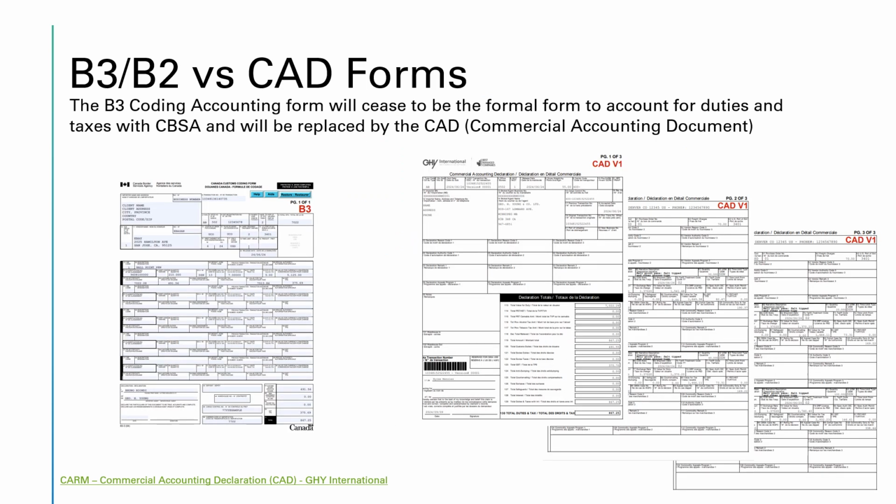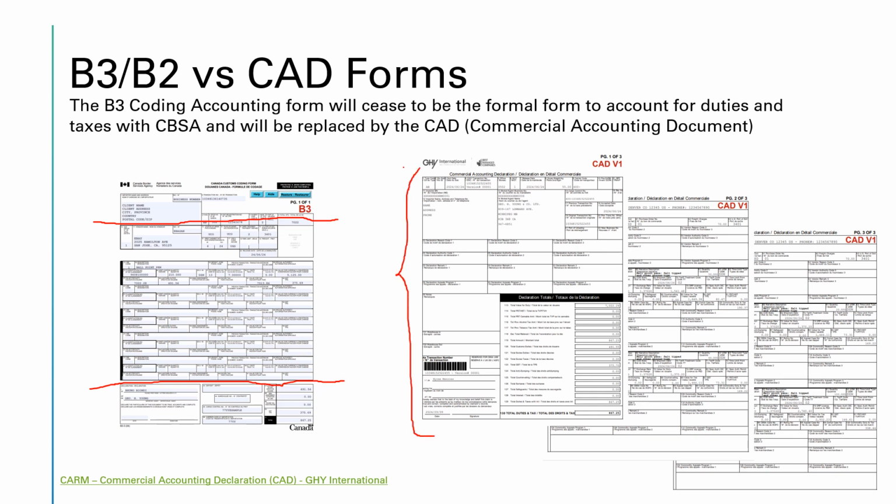Now, what's the difference between a B3, B2, and a CAD? Well, first of all, you can see how it now breaks it up. I like to say that I can divide this like the header and the signature level are now located in the first page of the CAD form.